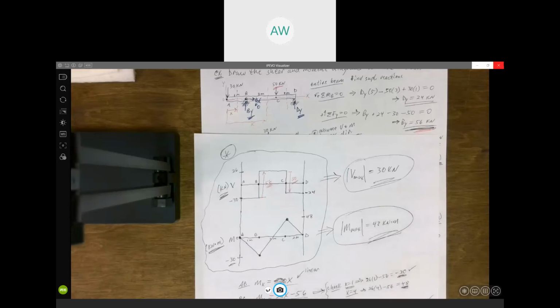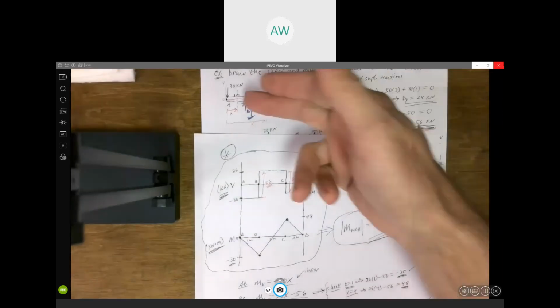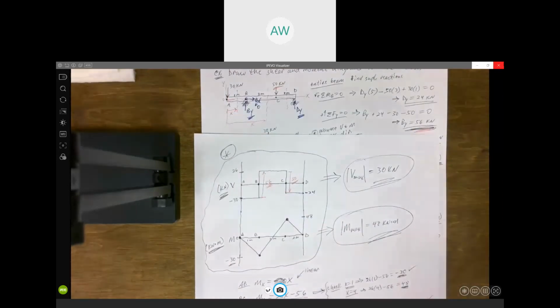A question real quick. Okay. Are the moments zero where the shear starts and ends every time, or is it just for this case? Well, we're going to talk about that Monday, but the moment is going to be zero. When you look at the end of this beam, it's free.